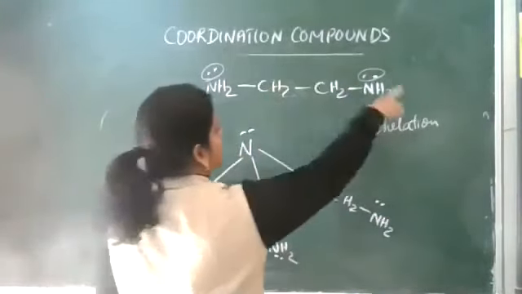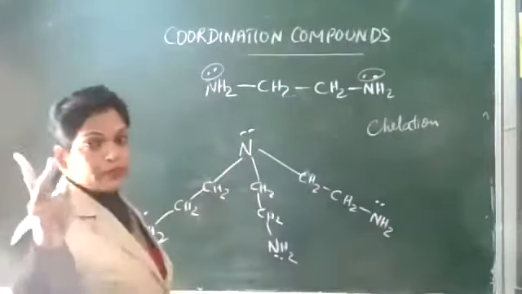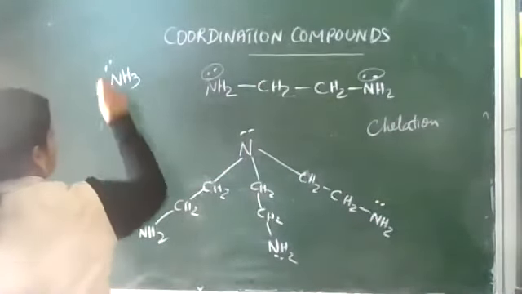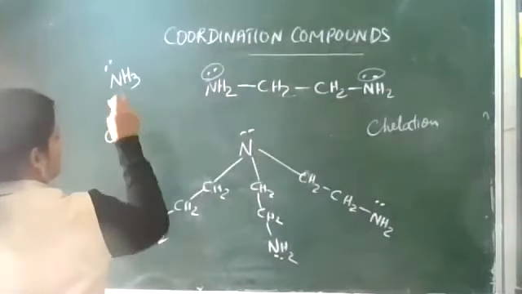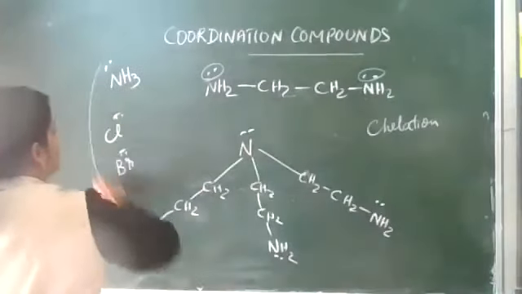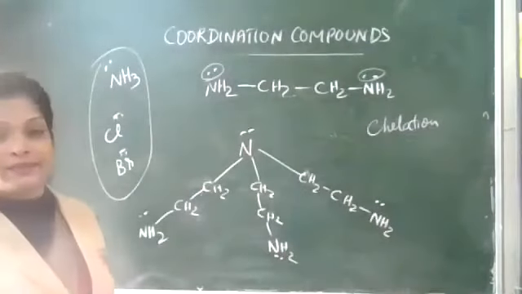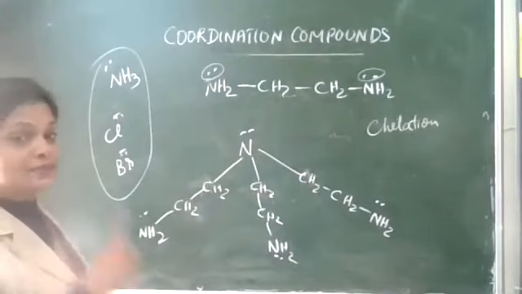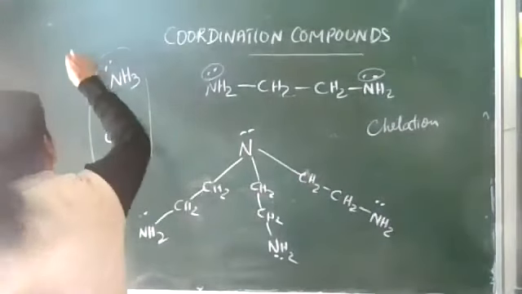Here, this bigger species has more pairs of electrons. In the case of ammonia, one pair of electrons, or Cl minus one pair of electrons, Br minus one pair of electrons. This is called a monodentate ligand. Monodentate ligand. Its denticity is one pair of electrons. Denticity.